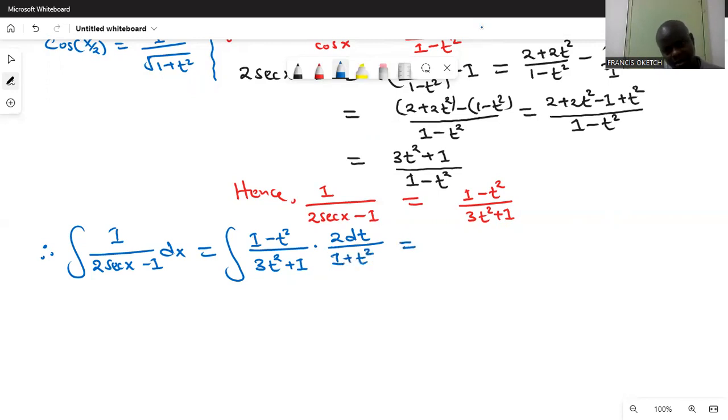And so this can be written as 2 outside, 1 minus t squared in the numerator.